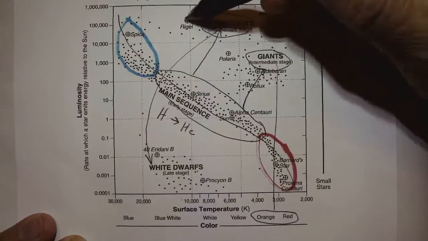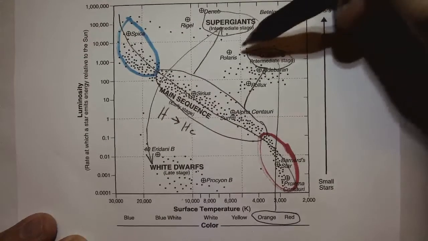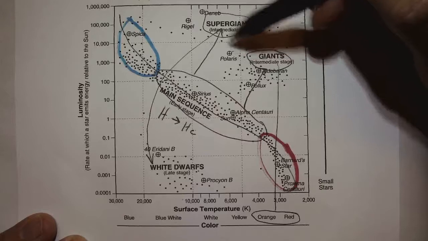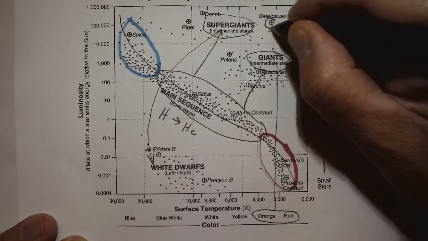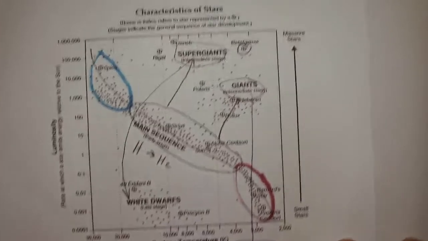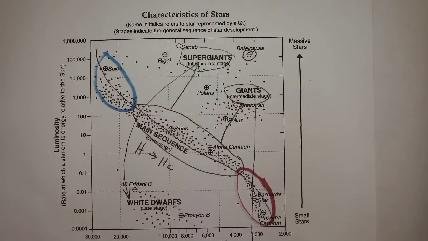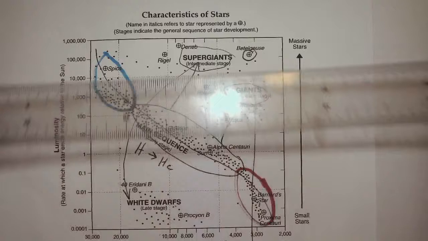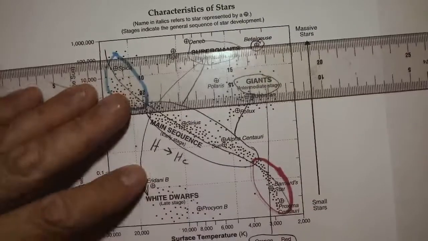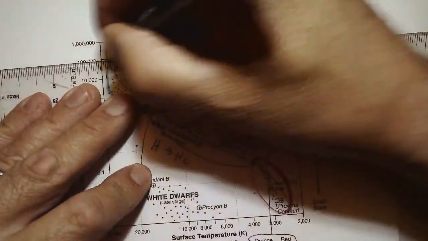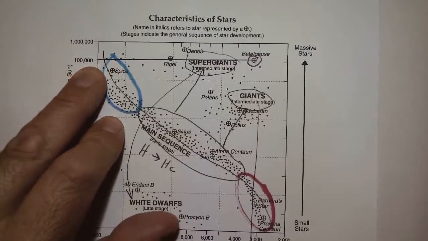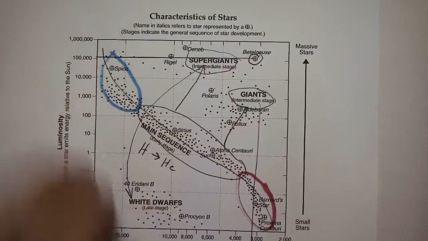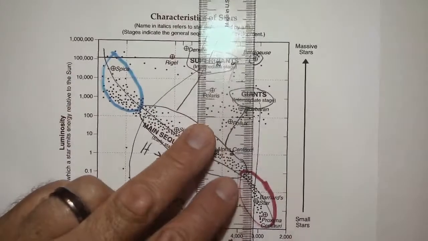We have a number of supergiants in our galaxy close enough for us to see with the naked eye, and these are some of them. So why don't we talk about Betelgeuse. If we were to ask ourselves the question, how bright is Betelgeuse in comparison to our sun? Well, if we look straight across, draw a line here, you see Betelgeuse is 100,000 times brighter than our sun. What's the temperature on the surface of Betelgeuse?